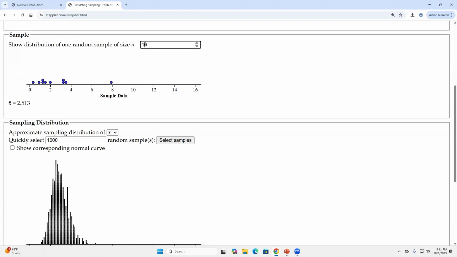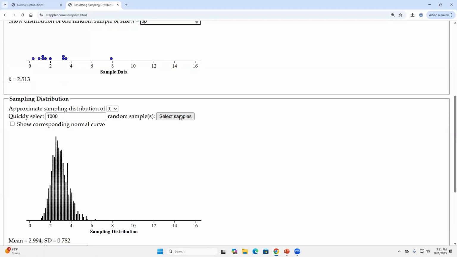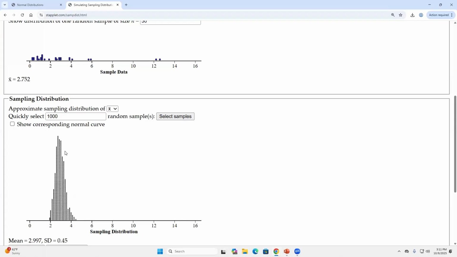And if we increase the size of our sample, let's say that we go from 10 to 30, and now we select our samples again, we can see that it's even more like a normal curve, and I'll just show the corresponding normal curve to outline how normal we're getting.